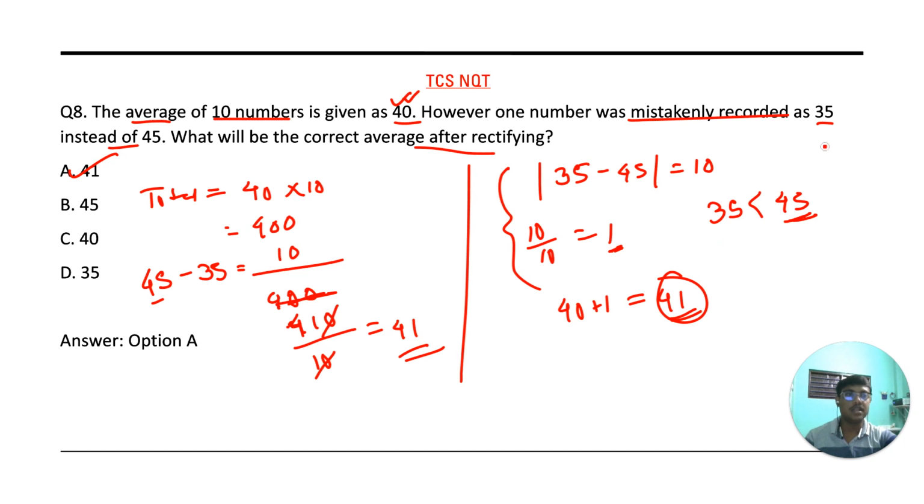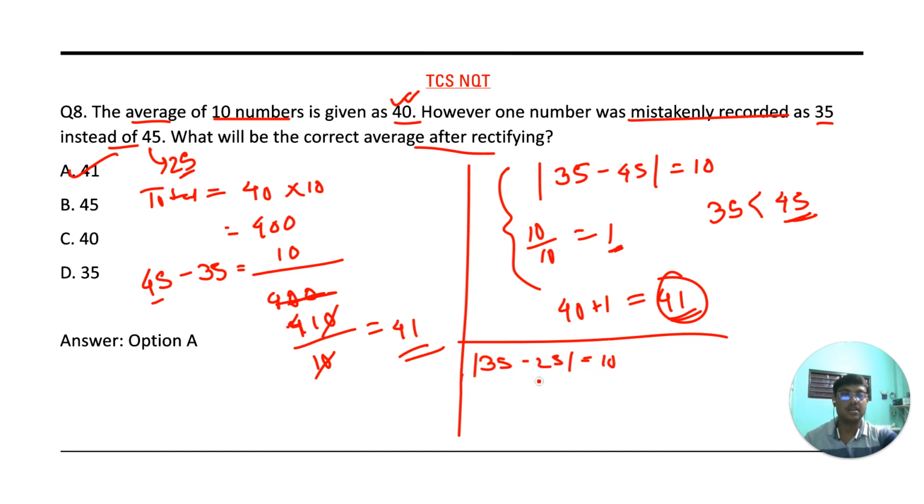Okay. So one thing can come to your mind: what if the actual number is lesser than the mistaken number? So let's say instead of 45, this number could have been 25. Now, as we have said earlier, we at first need to take the mod value, 35 minus 25.